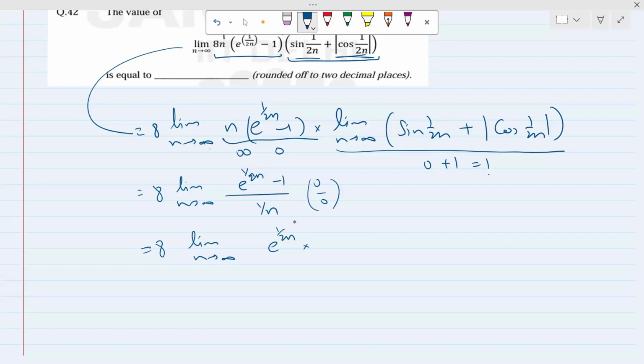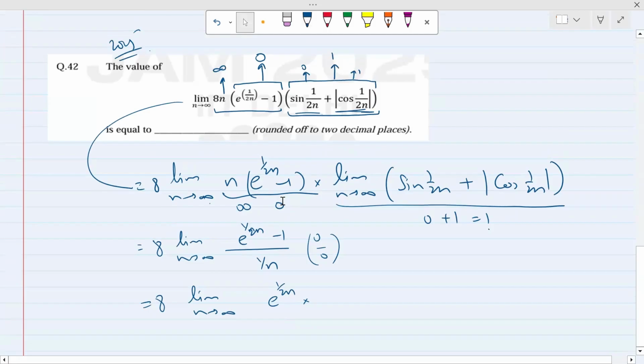Sir, I have a question. You have split the product into two separate terms, but that would be possible provided the entire limit exists, and then we can break them to evaluate separately. Yes, absolutely. Here, it must be provided that n into e to the power 1 by 2n minus 1 exists finitely, then we can split it into these two terms.